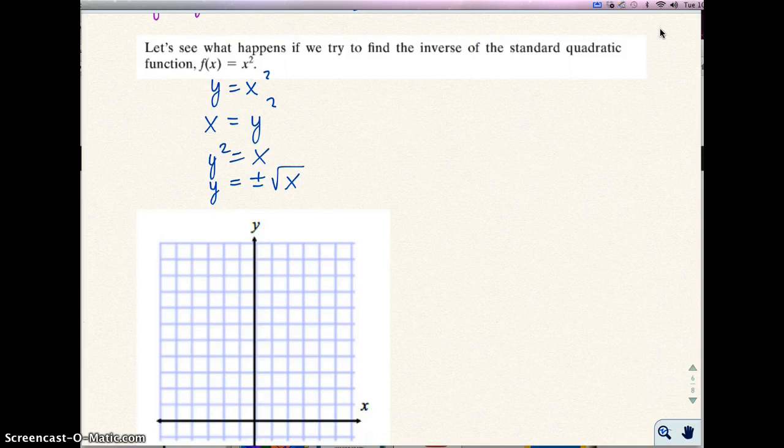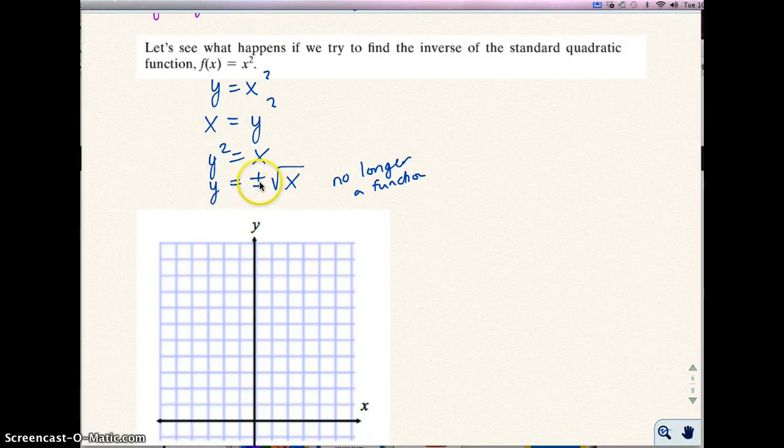When I actually follow the 4 steps and I interchanged x and y and solved for y, notice how this is no longer a function. How do I know that? Because if I input an x value in here, I'm going to get 2 values for y.